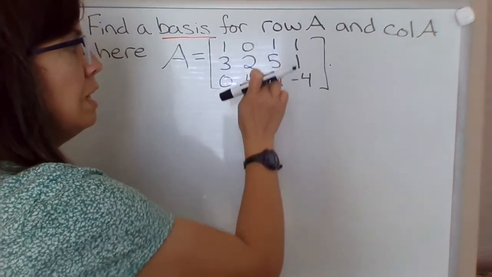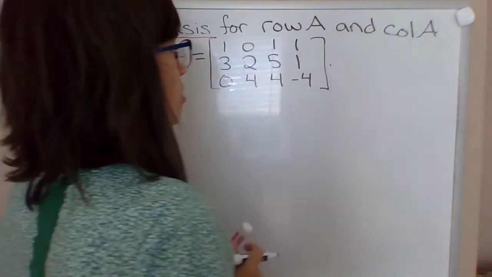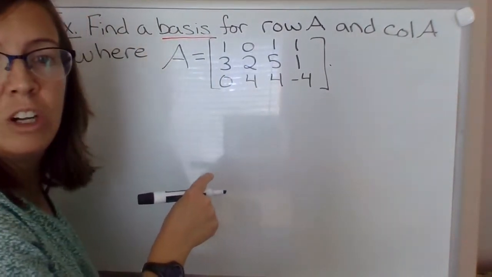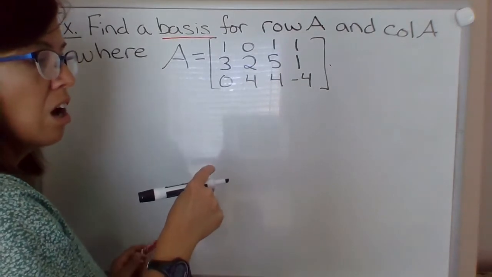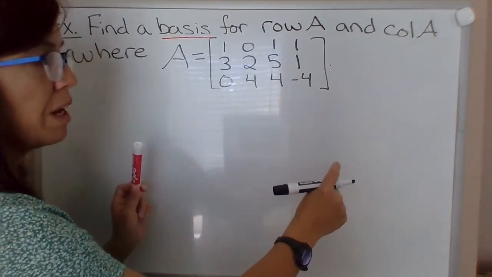So the question really is how do we form an independent set out of the rows here? Now, there's another theorem that I just mentioned in the notes that says elementary row operations do not change the row space of a matrix.